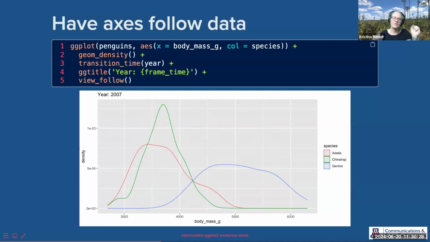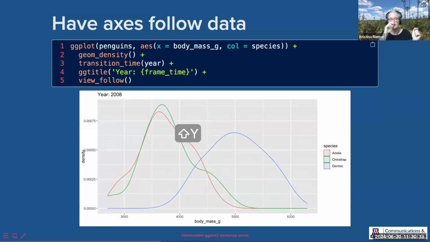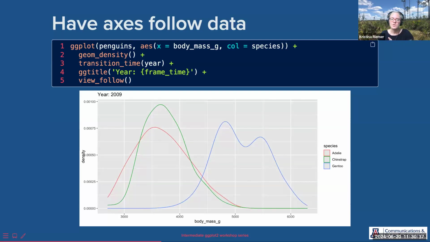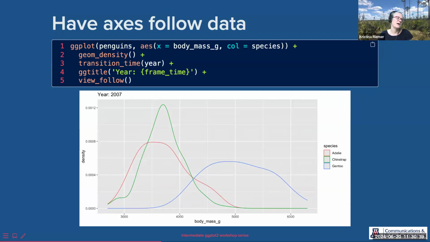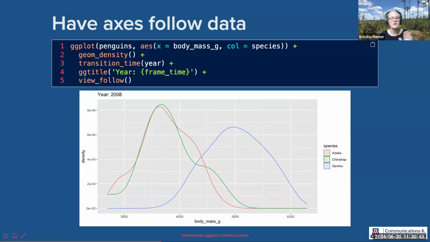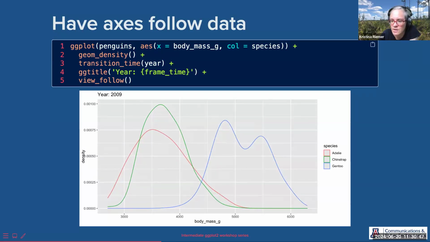If you remember from before, there was a bunch of space sometimes at the top of the plot because of the smaller or more spread out distributions. So there are a bunch of these view verbs that you can also use to control what coordinates are being shown.